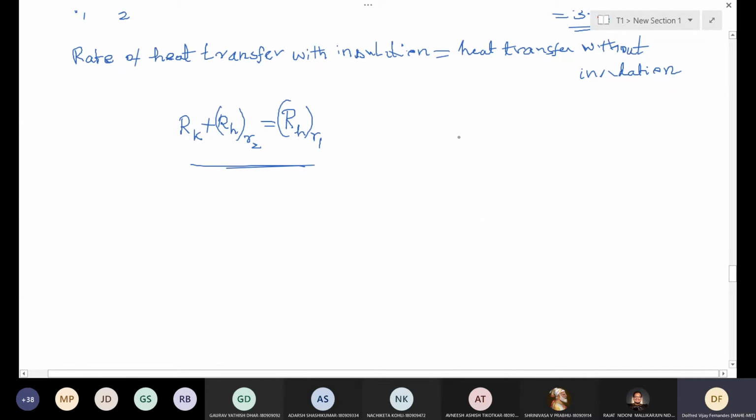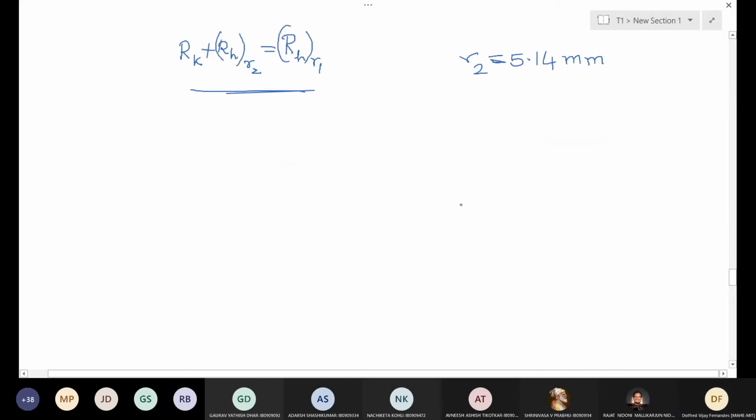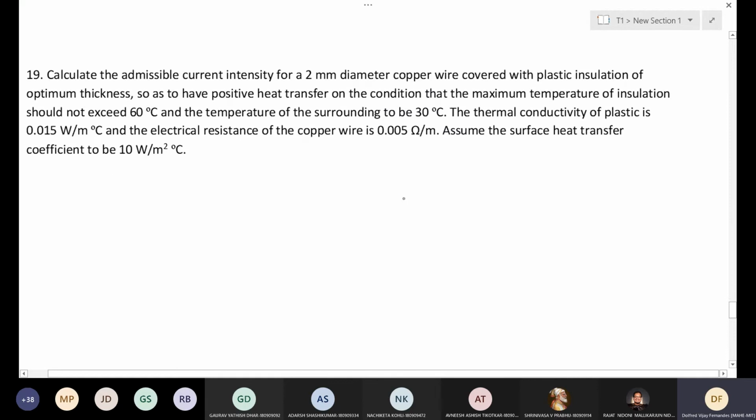So check it. R2 will be 5.14 millimeter.